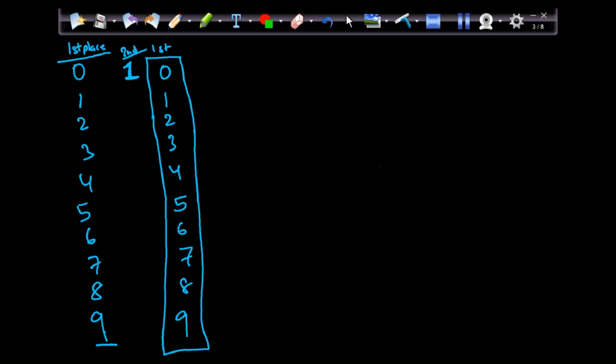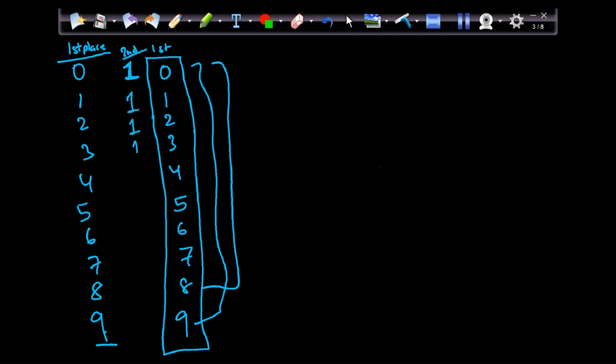Now, with 1 at the second place, at the first place you have all the possibilities. Then what happens? When you add 9 plus something, it will fall within this range only. Even 9 plus 9 will fall from 10 to 18 only, because at the second place 1 is constant.